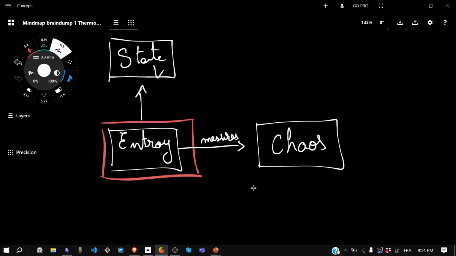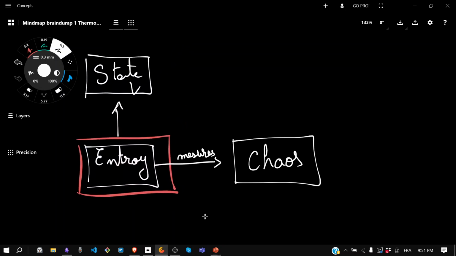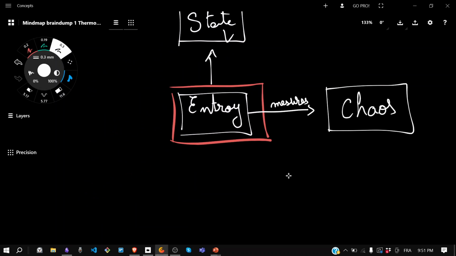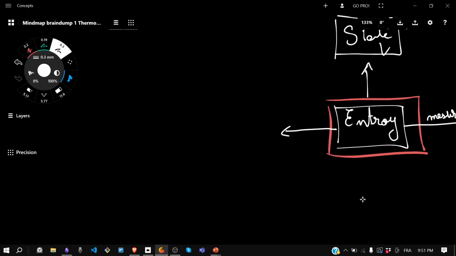It's also based on probabilities, so it has statistical properties, which we will explore.